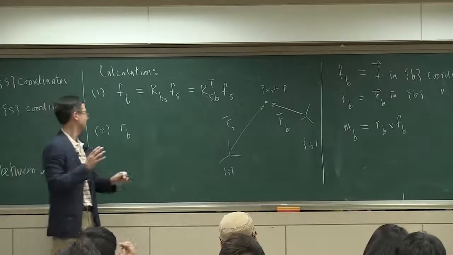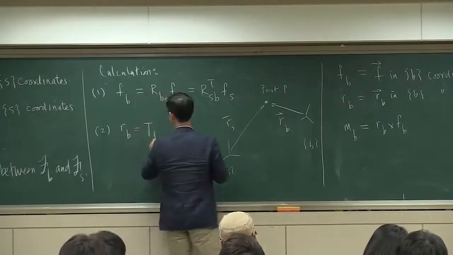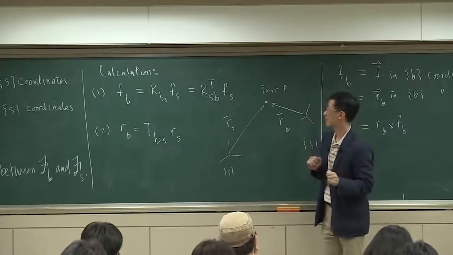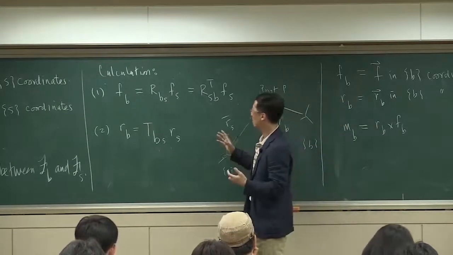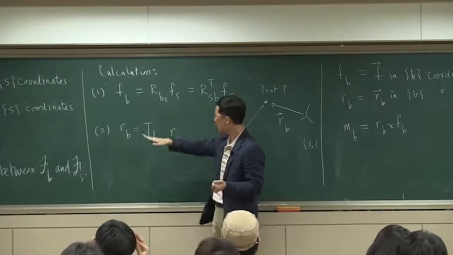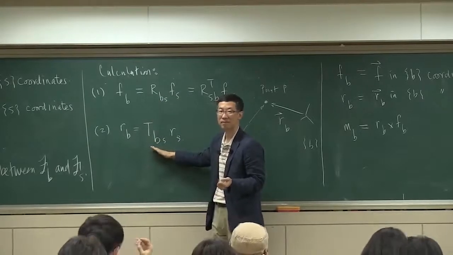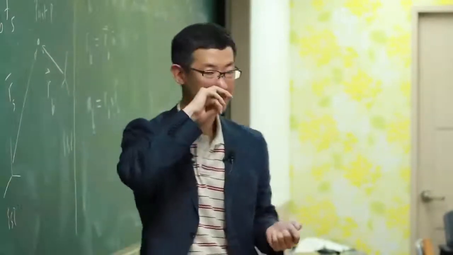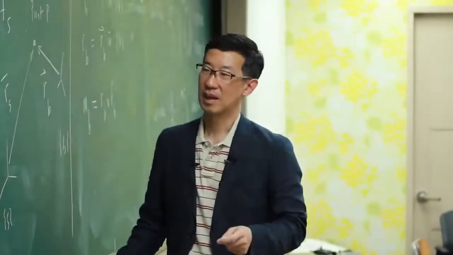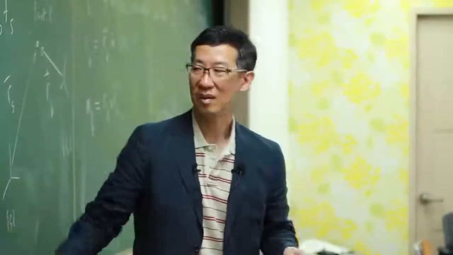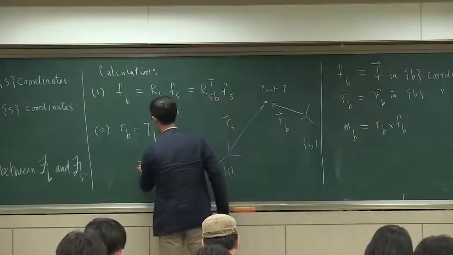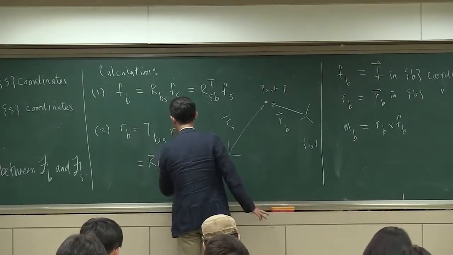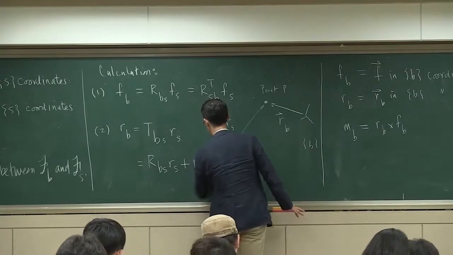It's that, right? Remember we made a big fuss about when do you multiply by a rotation, when do you multiply by a transformation. In this case, you multiply by this transformation. What do I mean by this transformation? Remember we agreed that this is going to mean R BS r sub s plus P BS.